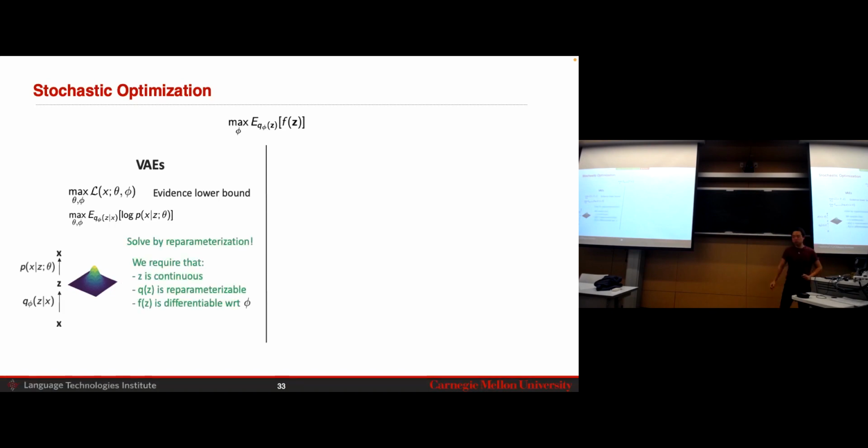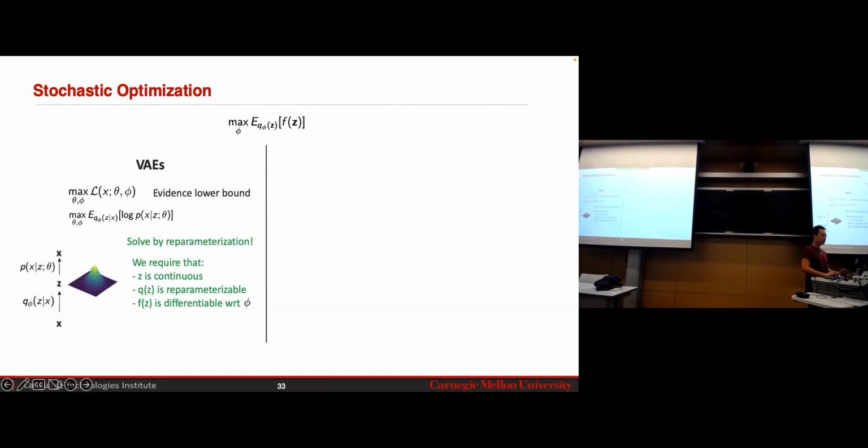So in general, we saw that we can solve this type of problem by reparameterization. We require that, first of all, Z is continuous. We can reparameterize Q of Z, but instead of sampling Z from Q of Z, you first sample the noise vector epsilon, and then transform this random noise vector epsilon deterministically with respect to the parameters phi. And once you've done this transformation after the random sampling, you can then move the gradient with respect to phi inside the expectation.